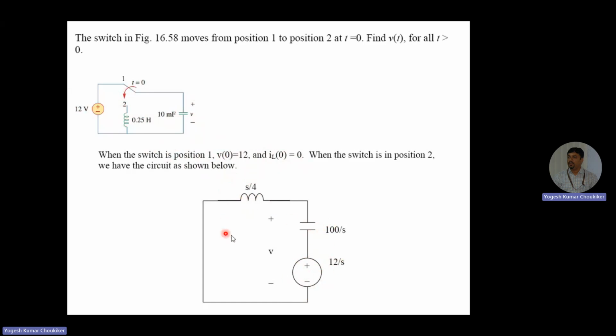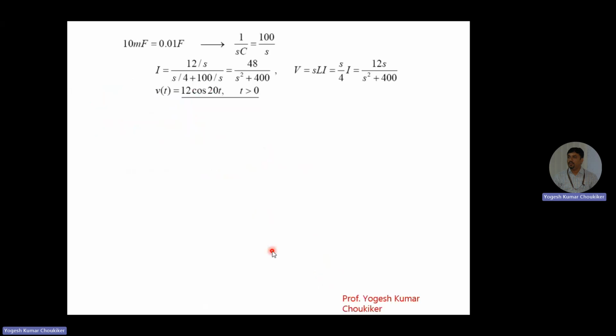Now we will do the solution, and finally we will calculate the value of V. What is the value of V here? Simple, we can apply it. Here I is 12 by s divided by s plus 4 plus 100 divided by s, or we can write 48 s square plus 400.